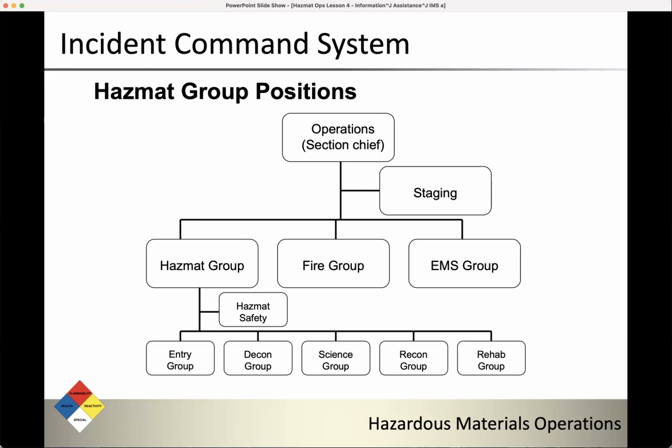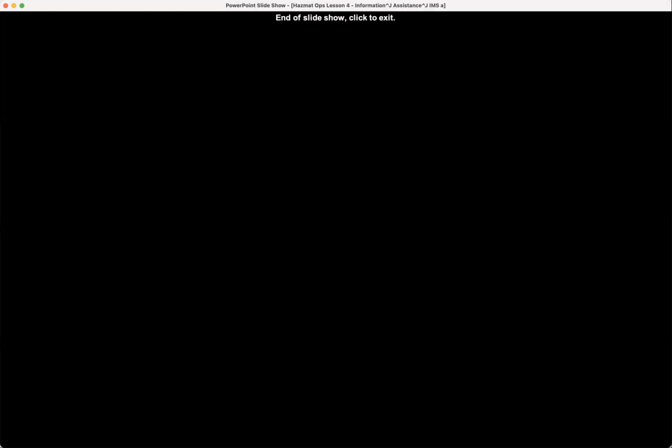You might not have a specific rehab group for the hazmat. You might have a rehab group for all of operations. So that ends the information gathering, response assistance, and the incident management system.